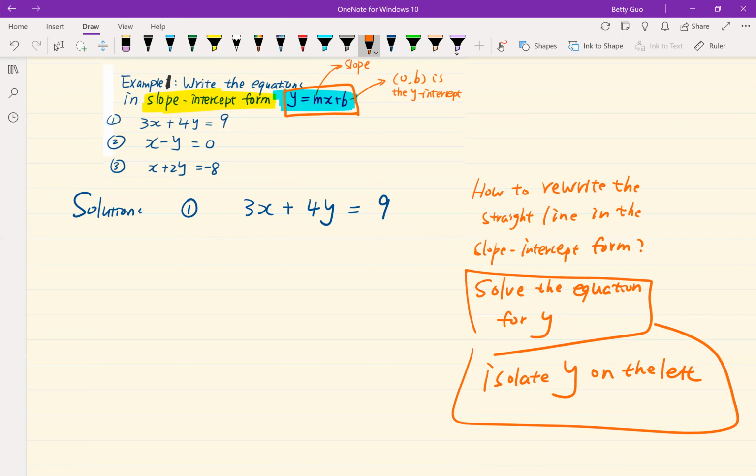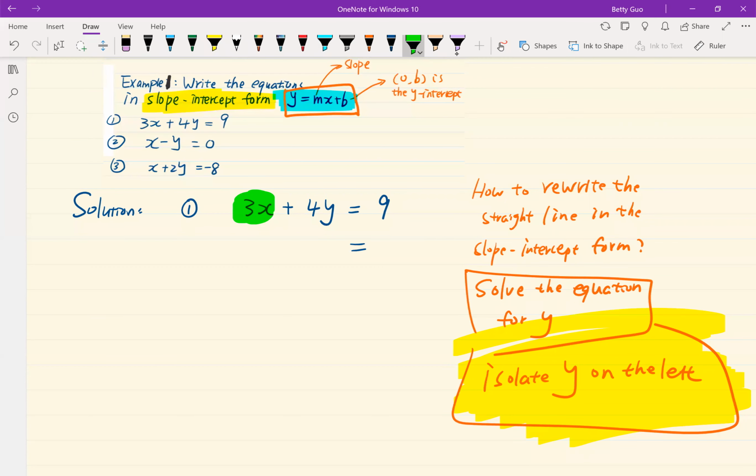So this is very important. You are going to isolate the y on the left. Let's see what's on the left right now. Right now on the left, we have 3x plus 4y. That's a lot, right? So could we move this term 3x over?